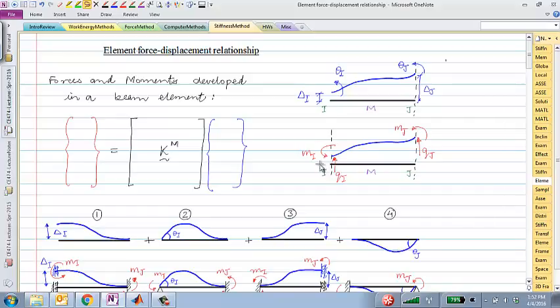Can somebody think of another one of these forces and moments where the convention that we use for bending moment and shear force diagrams is opposite? I just told you that this moment looks like a negative bending moment, but for the stiffness method, it is a positive nodal moment. How about this force? A shear force on the left end of a beam should be pointing up.